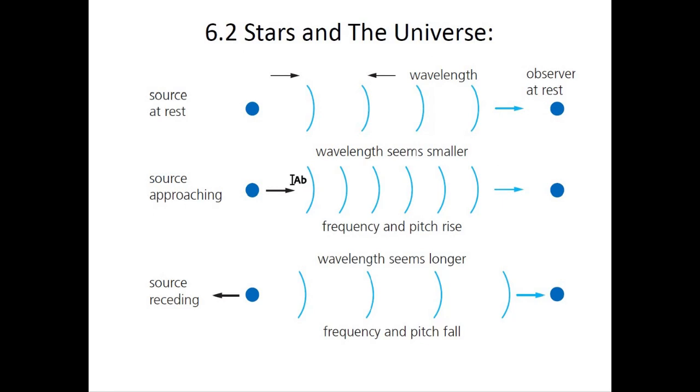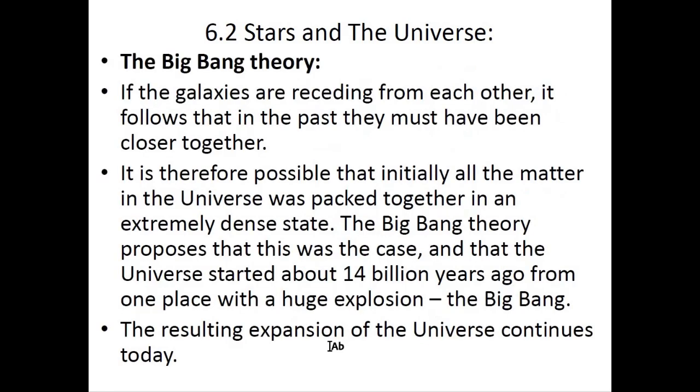If the source is approaching you, the wavelength would be getting smaller as the frequency and pitch rise, whereas if the source and the observer are receding, going further away from each other, then the frequency and pitch will fall and the wavelength will become longer, or the visible light would move towards the redder area of the electromagnetic spectrum.